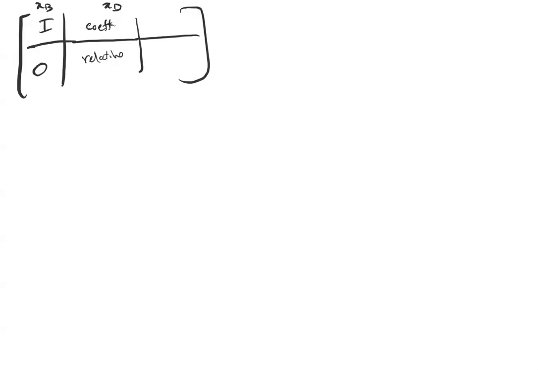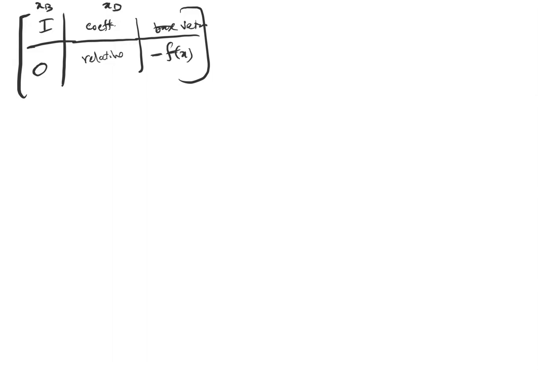So this was our Tableau: I, 0 for x base, for non-base, coefficients, relative cost vector, and we have the right-hand side values here, minus f of x base vector. All right.